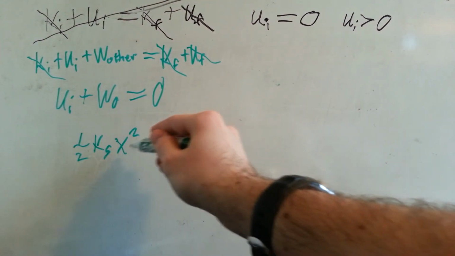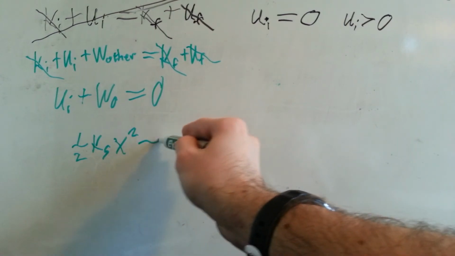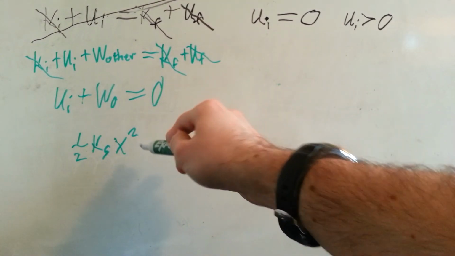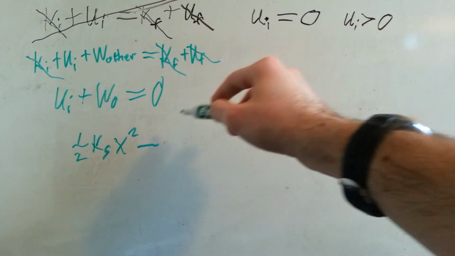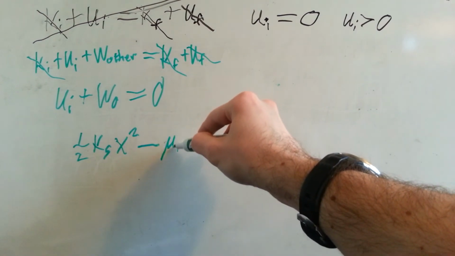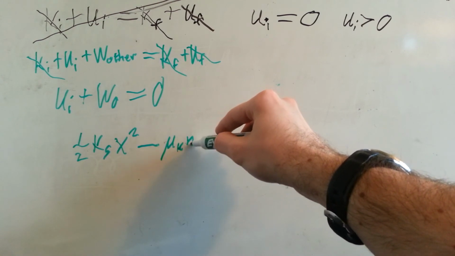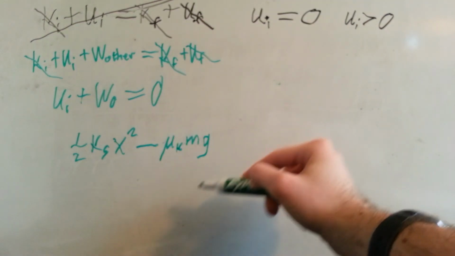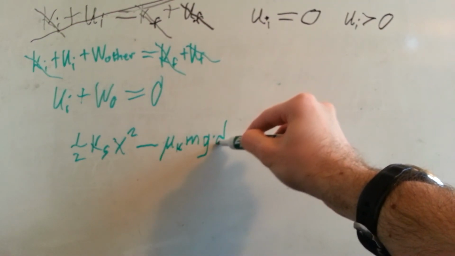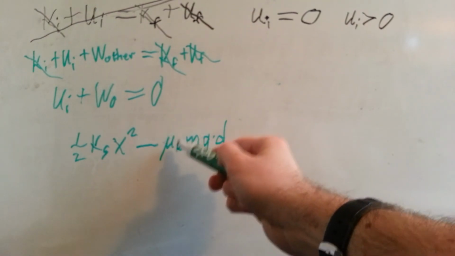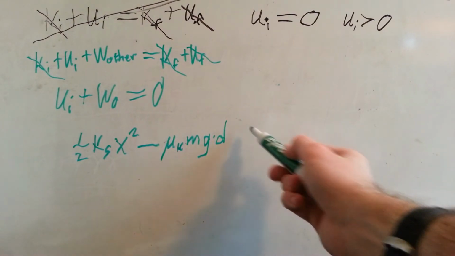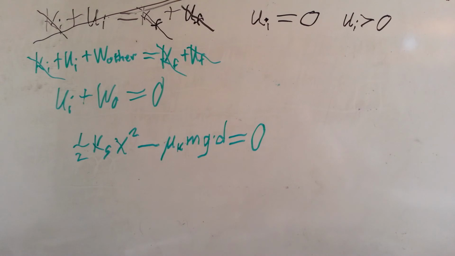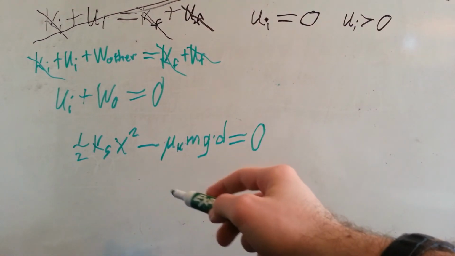Okay, x squared, that's the distance that the spring was compressed, is equal to, skipped a step, just mu sub k times the normal force, right, which is just m times g, and then times the distance that it traveled, because that's force over distance, which is the definition of work. So we're good. And we know it equals 0. Then we just solve for mu sub k.